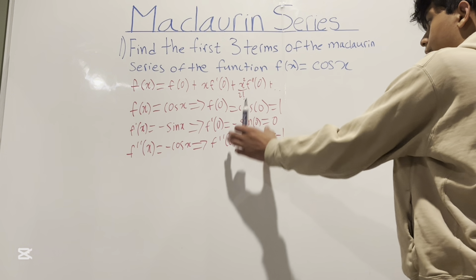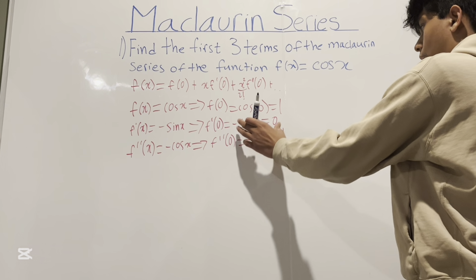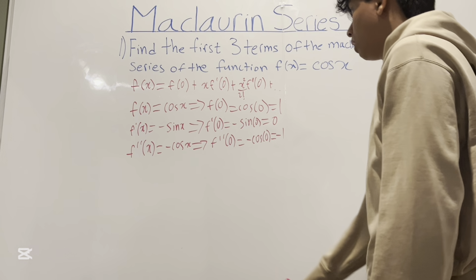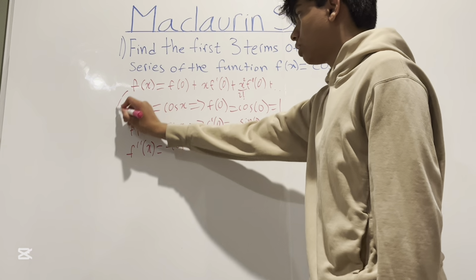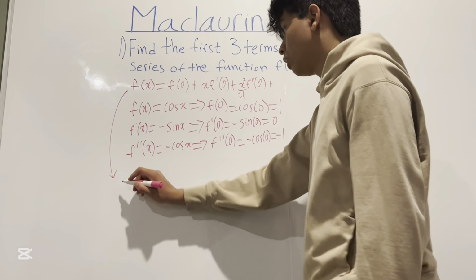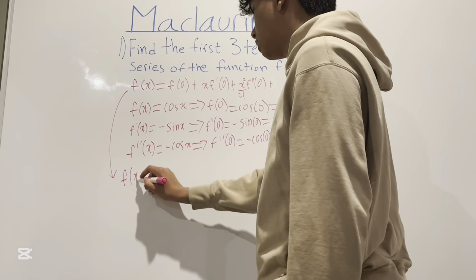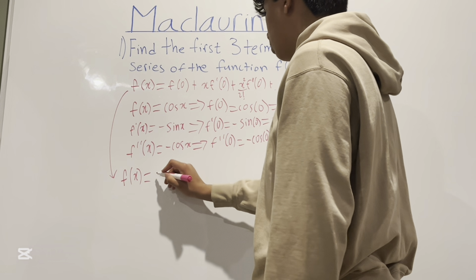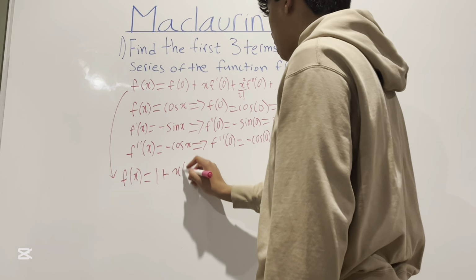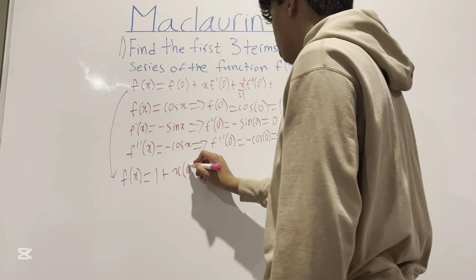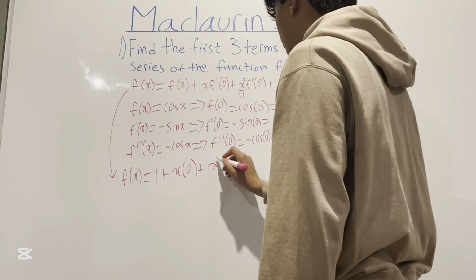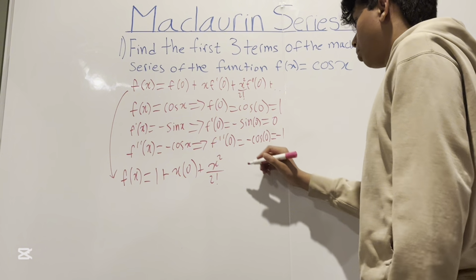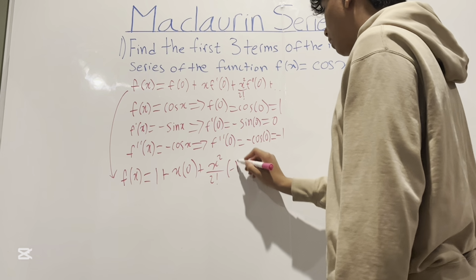Okay, now that we have these three values, all we have to do is plug them into the equation. So f of x is equal to f of 0, which is 1, plus x times f prime of 0, which is 0, plus x squared over 2 factorial multiplied by f double prime of 0, which is negative 1.